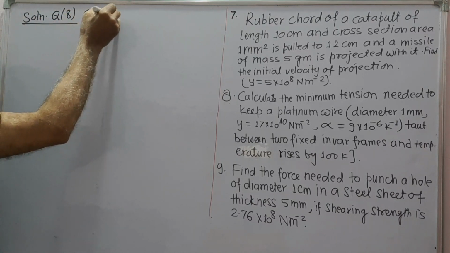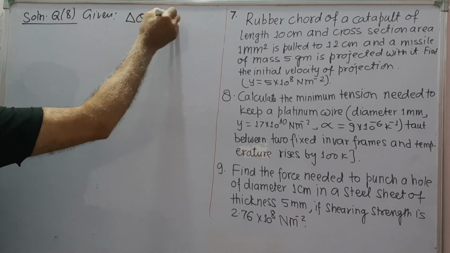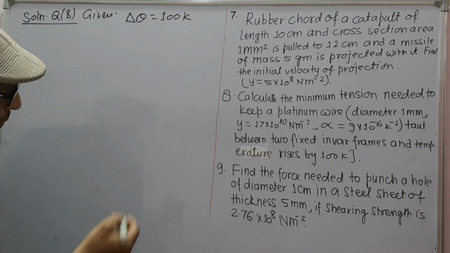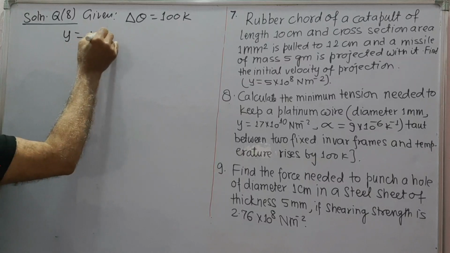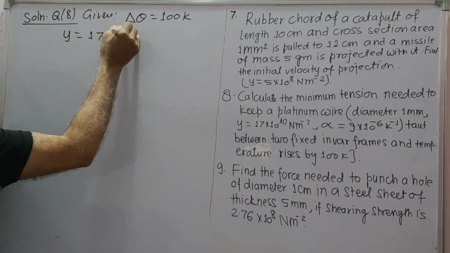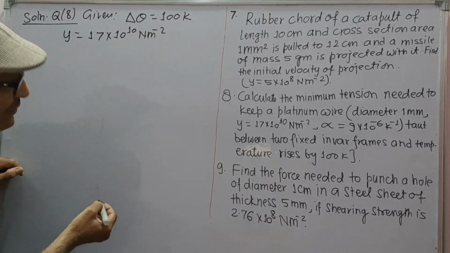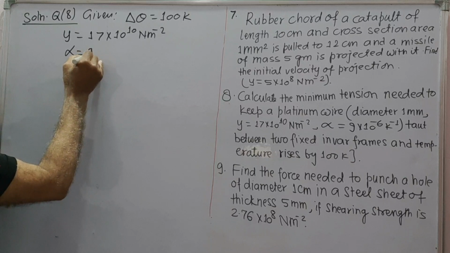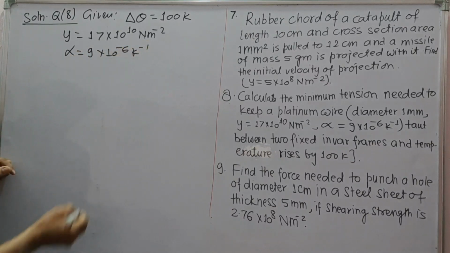Given temperature change delta theta is equal to 100 Kelvin or 100 degree Celsius. Young's modulus 17 into 10 to power 10 Newton per meter square for platinum. Linear expansivity alpha 9 into 10 to minus 6 per Kelvin.